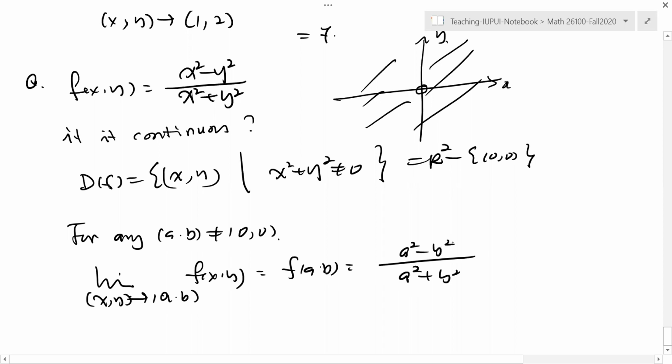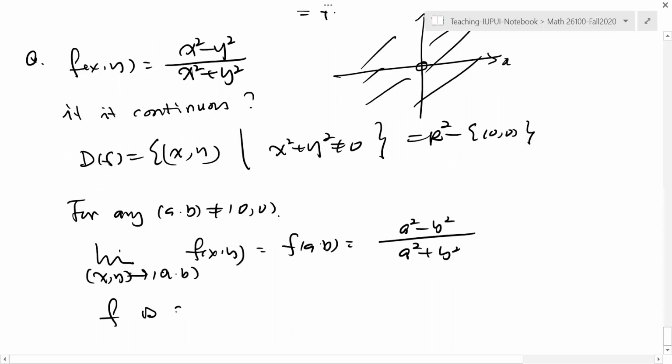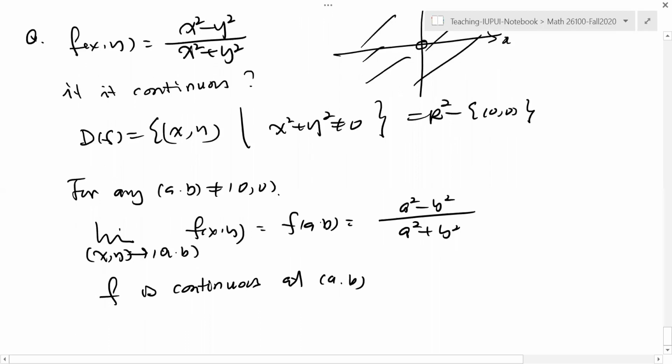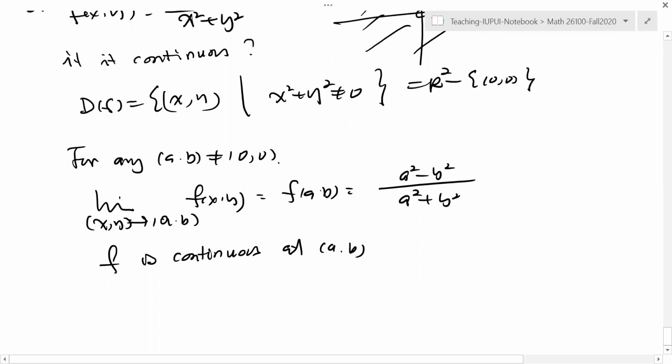So we find it, and the function is continuous at that point. In other words, f is continuous at any point away from the origin. But at the origin the function is not defined, so you don't need to talk about discontinuity, because the point is not even in the domain. So there's nothing you can talk about.